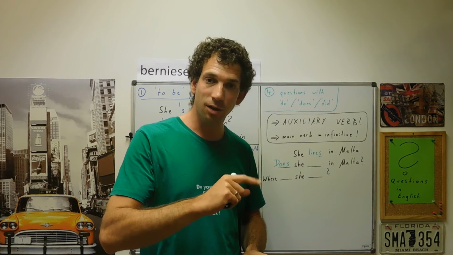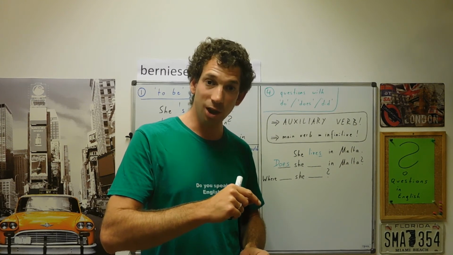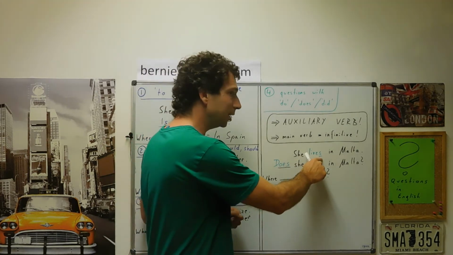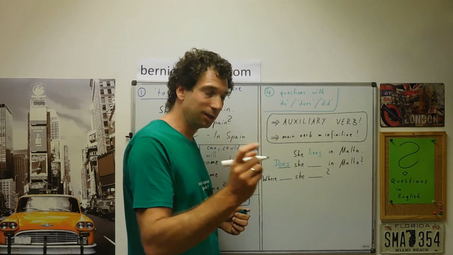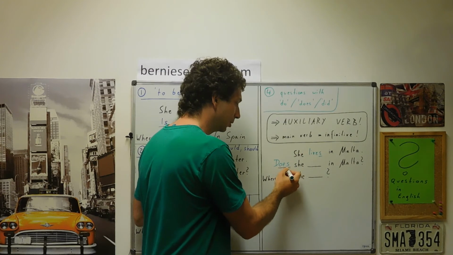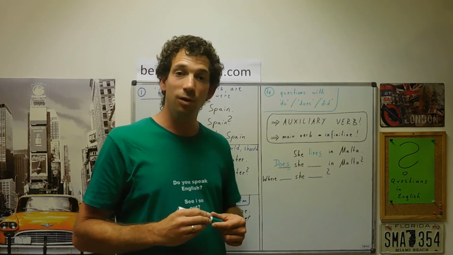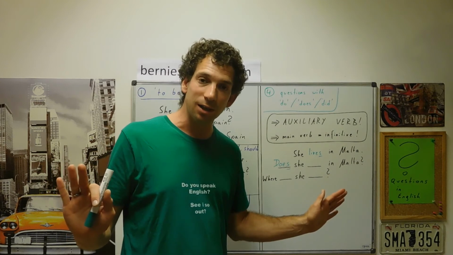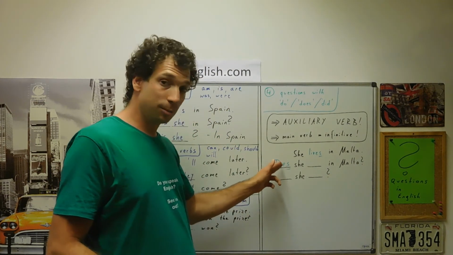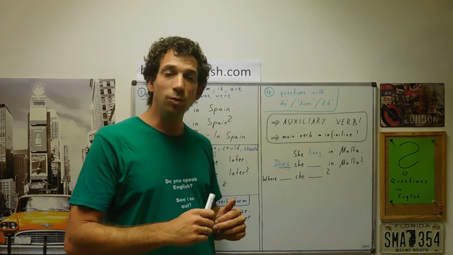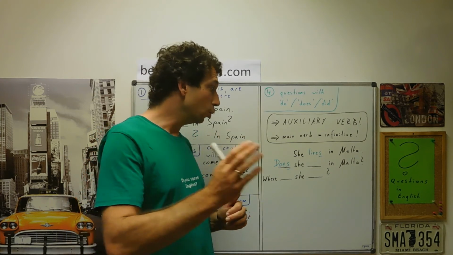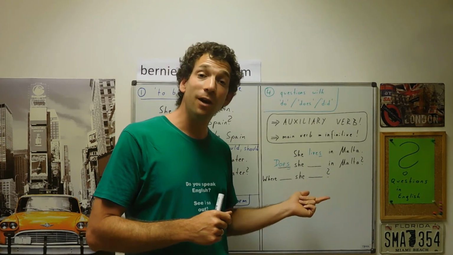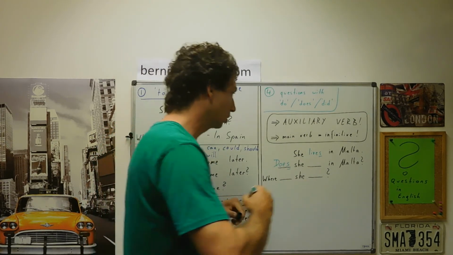He, she, it, third person S. She lives in Malta. But we have already used this S in the auxiliary verb does. So we no longer need it. It's already been put here. So what we do is we ask the question, does she live in Malta?